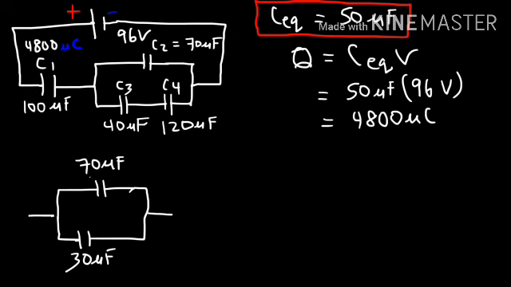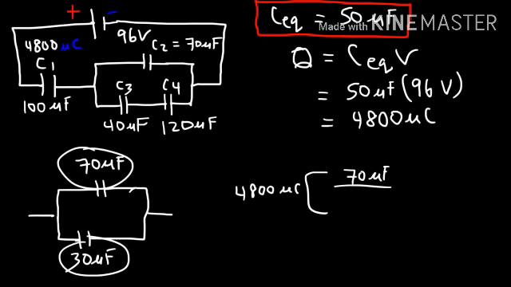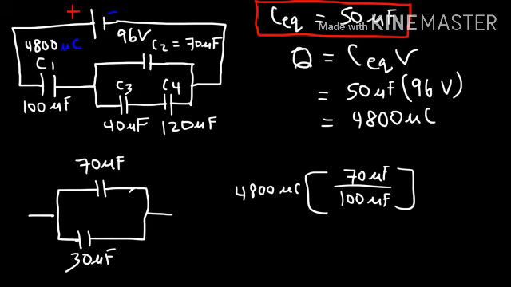Now to calculate the charge on this capacitor, it's going to be the total charge, which is 4,800 microcoulombs, times the value of this capacitor, which is 70, divided by the total capacitance of 70 plus 30, which is 100 for that network. So it's going to be 4,800 times 70 divided by 100. So C2 has a charge of 3,360 microcoulombs.